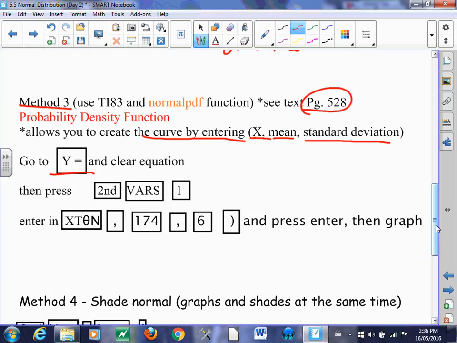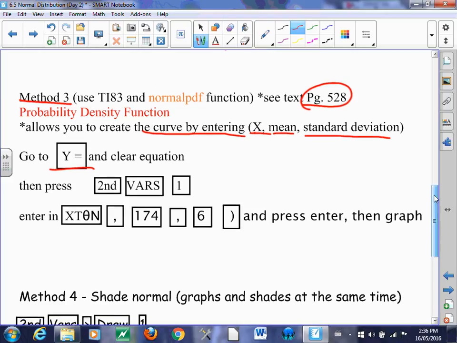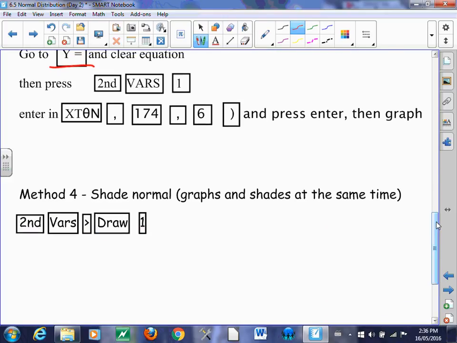Method 4 is probably the best and easiest one. I like method 4, and this is called the shade normal, and it will graph and shade at the same time. So this is pretty cool. You press second vars, arrow over to draw, 1.